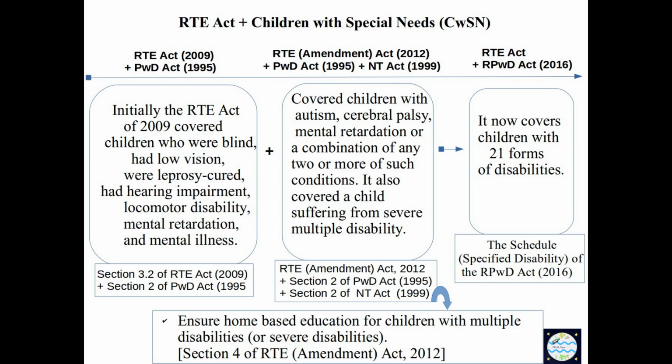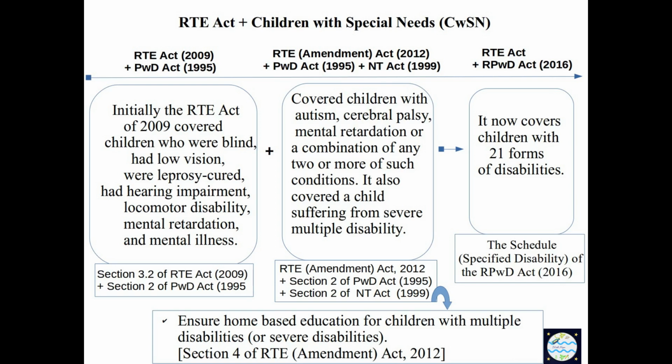It added children with autism, cerebral palsy, mental retardation, or a combination of any two or more of such conditions. It also included children with severe multiple disability and called for ensuring home-based education for children with multiple disabilities or severe disabilities.